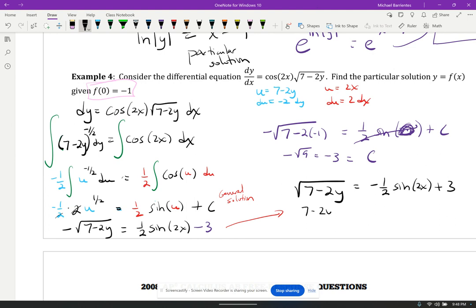So now I'm left with 7 minus 2y equals all of this squared. And then I'm going to subtract 7. So I'm left with -2y equals all of this squared. By the way, some people would probably just do this.